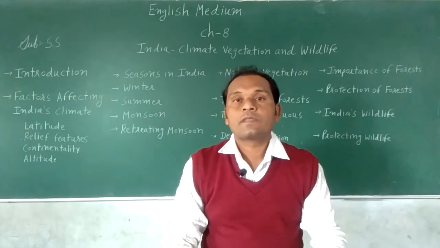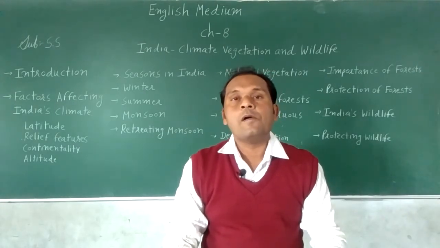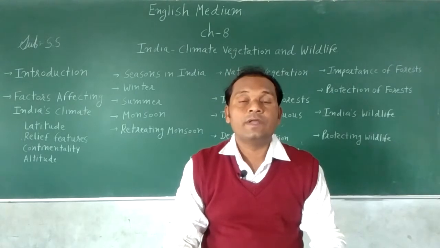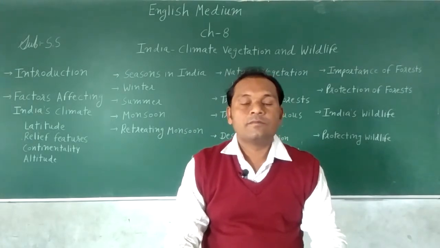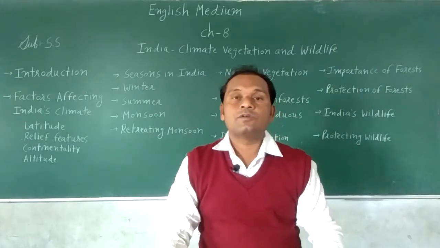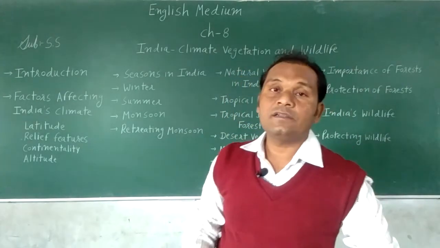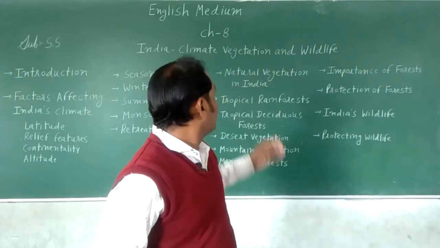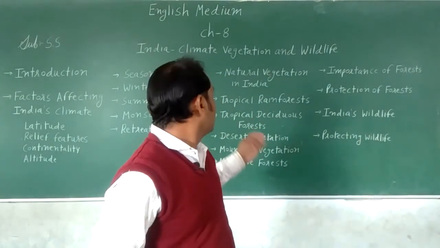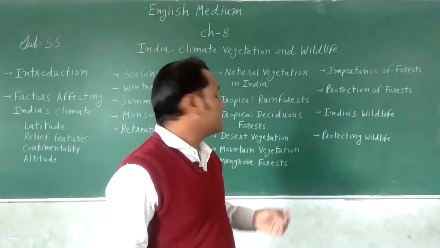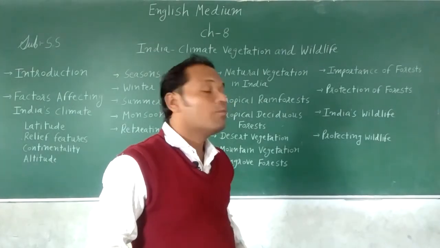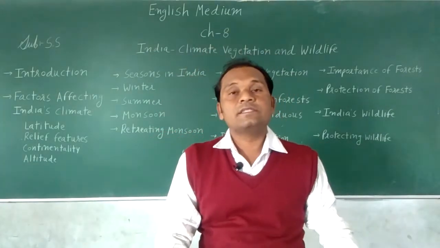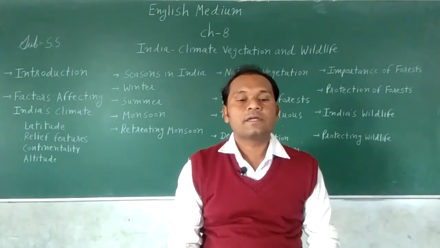Because of the climate and soil in different parts, the natural vegetation of India can be divided into five major types: tropical rainforest, tropical deciduous forest, desert vegetation, mountain vegetation, and mangrove forest.